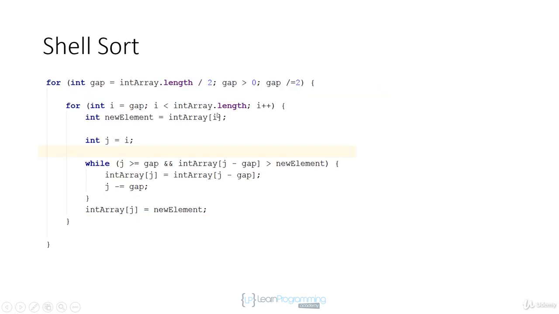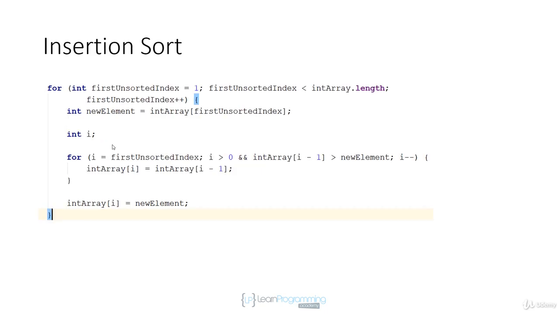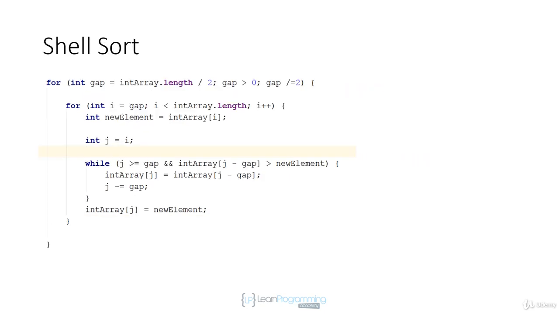While in shell sort, we assign whatever's at I, the gap value, to new element. We assign I to j. It's pretty similar to what we're doing here, except the loop is taking care of assigning I. Here we need a different index because we don't want to be changing I as we traverse not the sorted partition, but the part of the array that we're looking for an insertion position for.